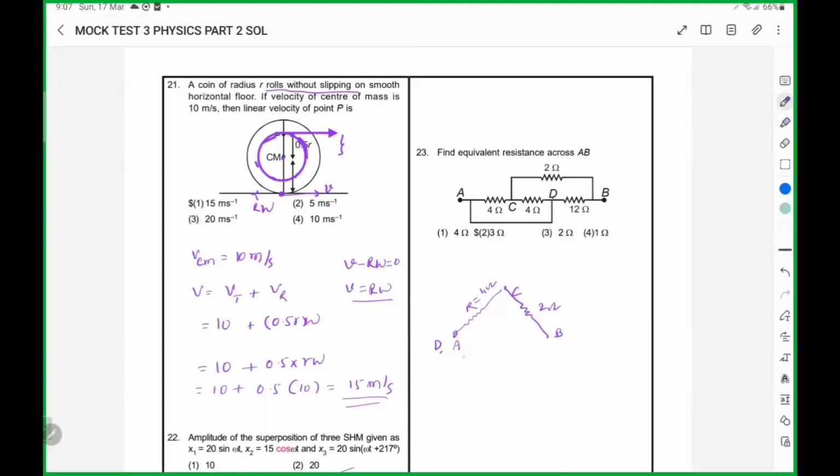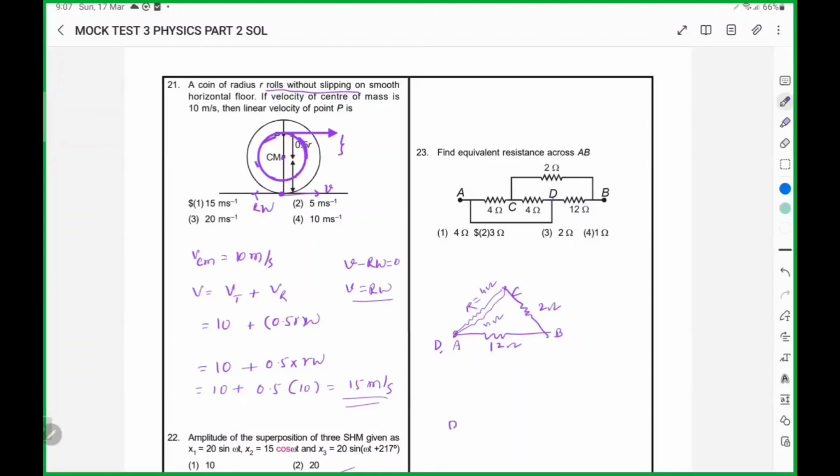Between D and B, we have one resistor 12 ohms, and between C and D, you have another resistance 4 ohms. So these two 4 ohms are in parallel. Equal resistors are connected and effective resistance will be half.